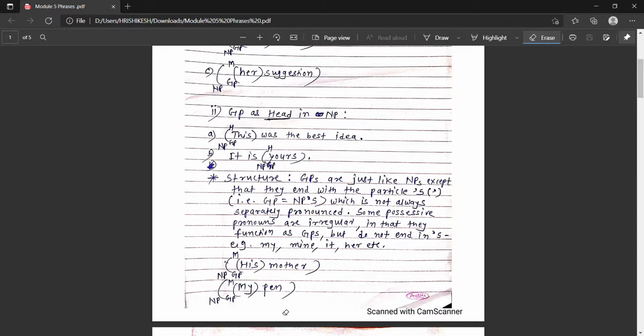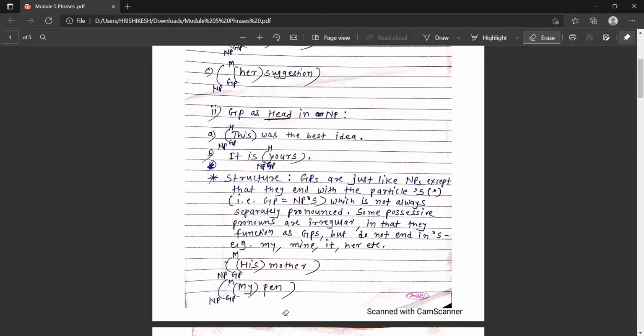Again in the second example, my pen. माय पेन, हुज पेन? माय पेन. हा कोणाच्या मालकीचा पेन आहे? माझ्या मालकीचा. My is here a GP. Again we have enclosed it in a round bracket, but this GP functions as a pre-modifier of which head? Pen. The grammatical category of pen is noun, functioning as a head.